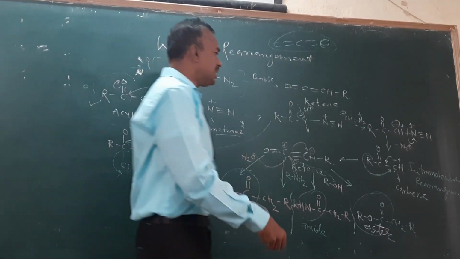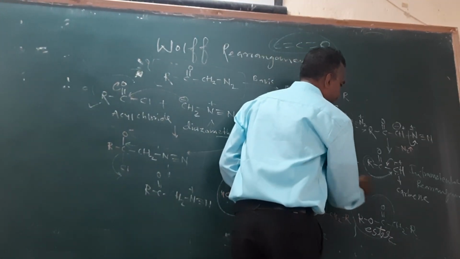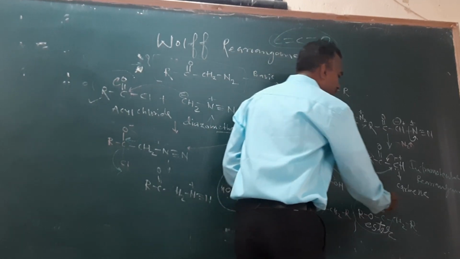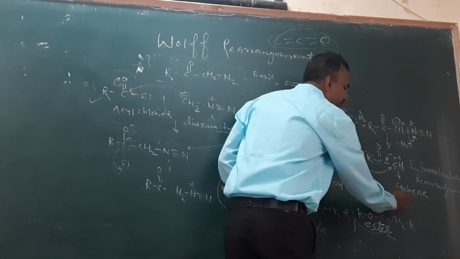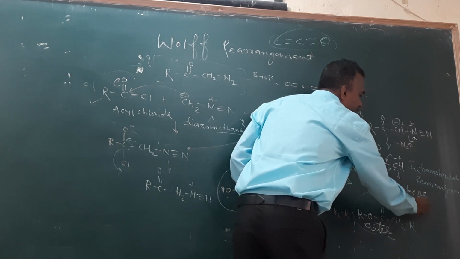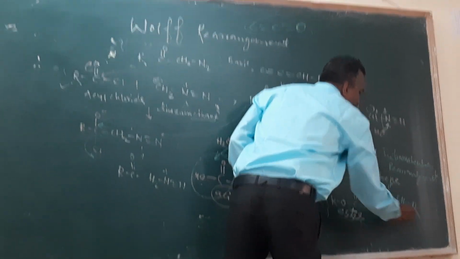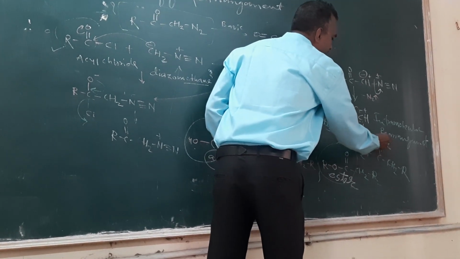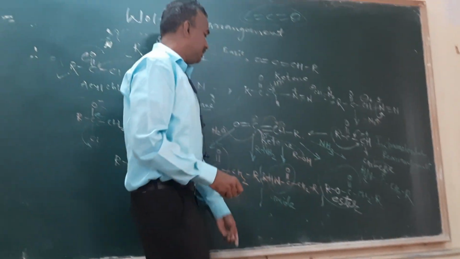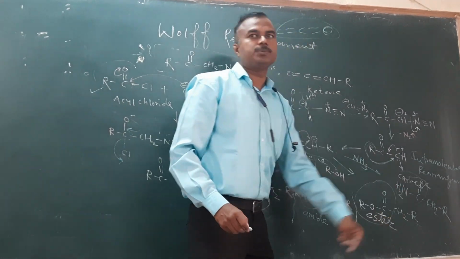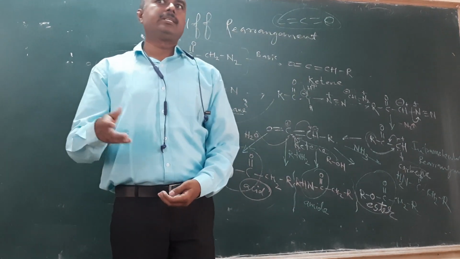If you plainly add NH3, the product becomes, so this means that here it is a substituted amide, here a non-substituted amide will take place.